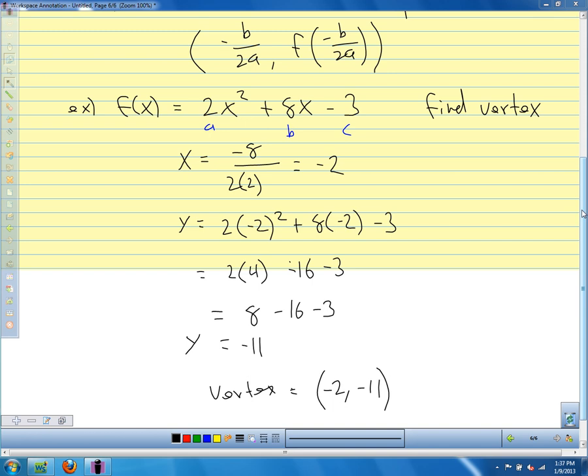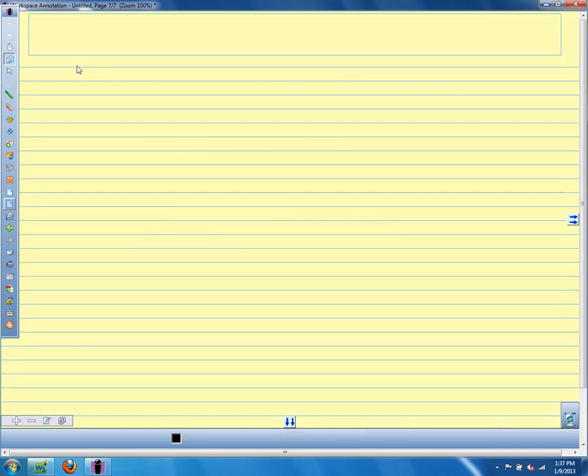Any questions? So hopefully this was a little bit of review. Completing the square maybe sparked a few memories from Algebra 2. All right, homework. We're on page 116.